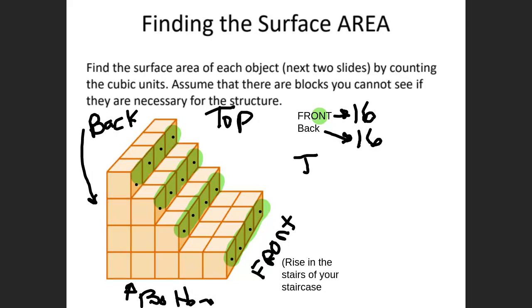Now, my top and my bottom are going to have the same number of boxes. If you stand at the top of your staircase and you look straight down, you don't look diagonally, you look straight down, all you are going to see is this level, this level, this level.